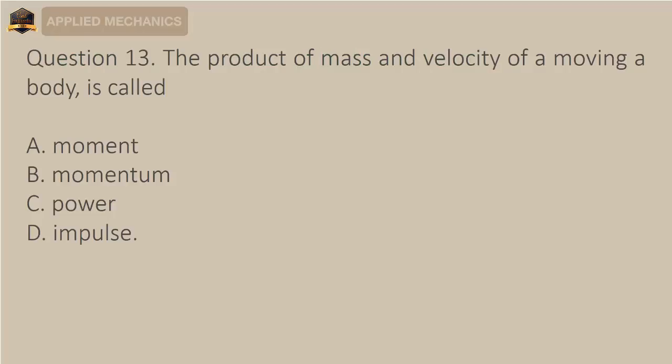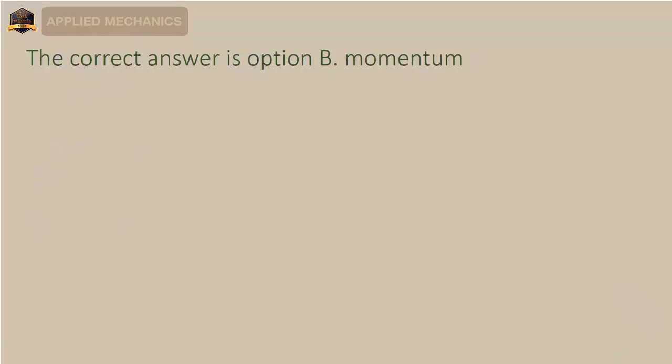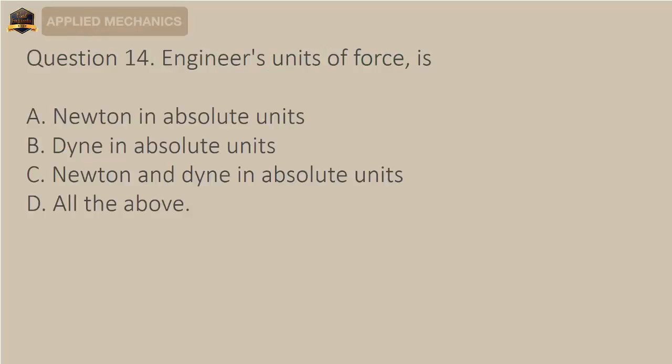Question 13. The product of mass and velocity of a moving body is called A. Moment. B. Momentum. C. Power. D. Impulse. The correct answer is option B, momentum. Question 14.